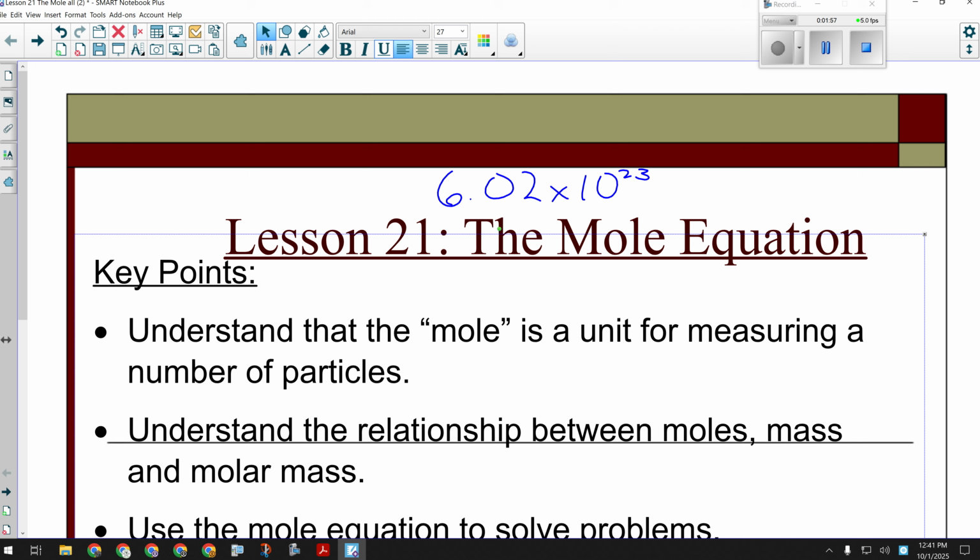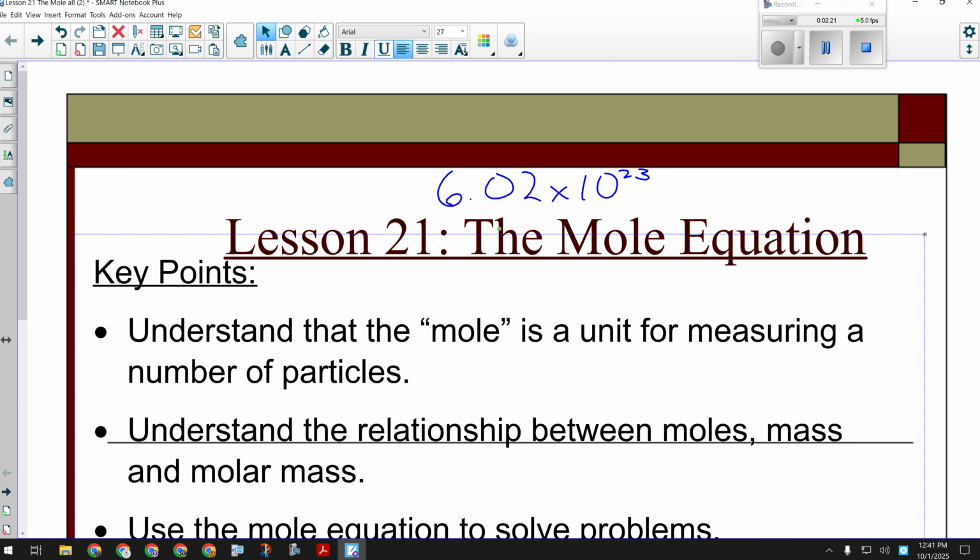That is 602 with 21 zeros behind it. Is that a big number? Huge. And that's in 20 milliliters of water, 18.02 actually, about the cap of a water bottle. We're talking about things that are very small, and even very small amounts contain huge numbers.